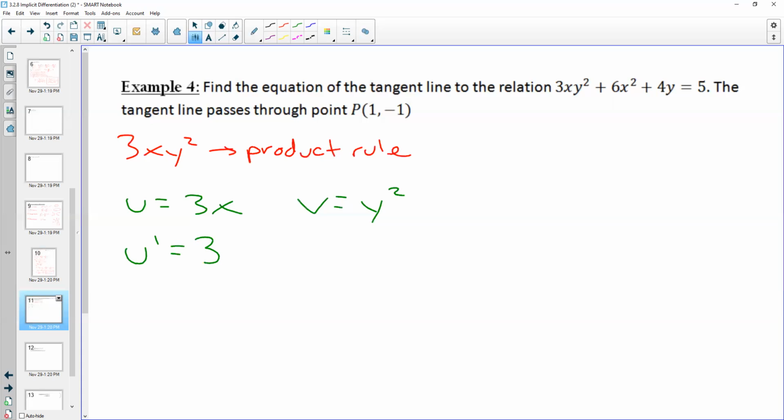Sorry, remember the product rule is y prime is equal to u times v prime plus v times u prime. So u prime is just 3. V prime will be 2y. What do I need to include if I'm differentiating y? Y prime. Yeah, y prime. Excellent.